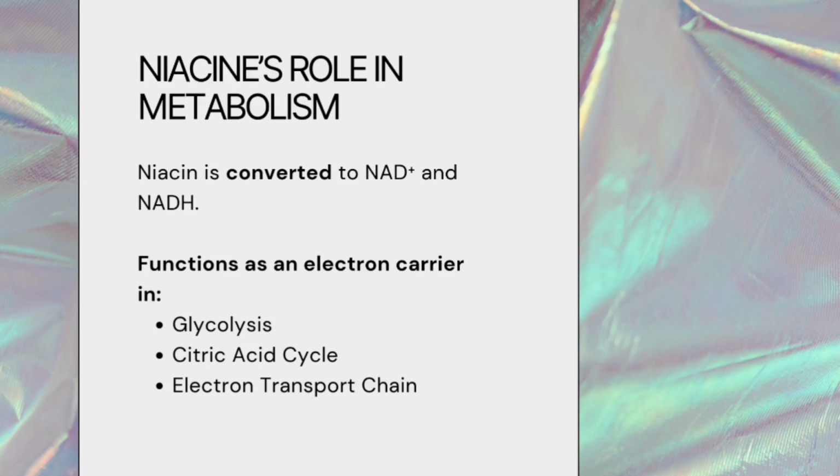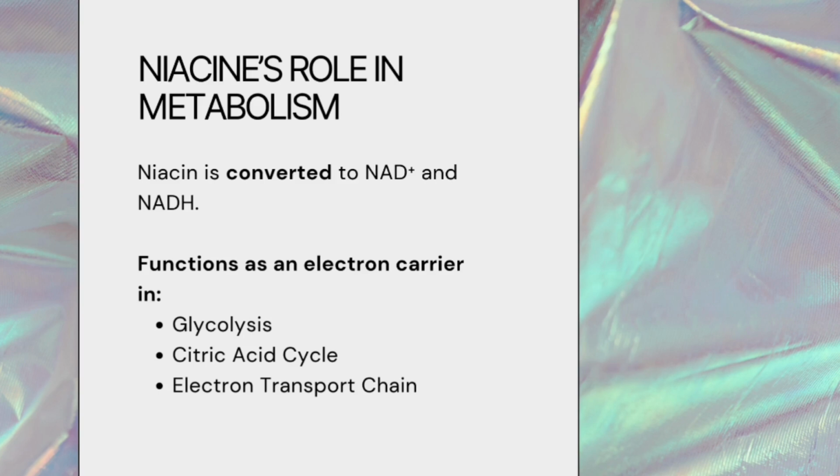In glycolysis, NAD+ is reduced to NADH when glyceraldehyde 3-phosphate is oxidized. This step is critical for maintaining the flow of glycolysis, generating ATP and providing NADH for further energy production.